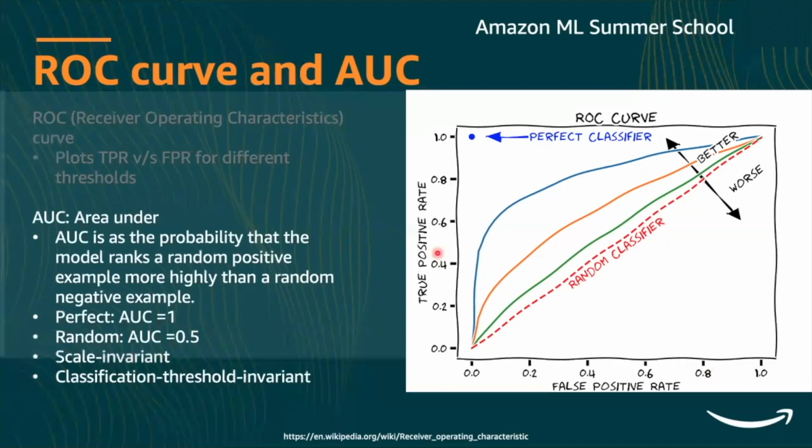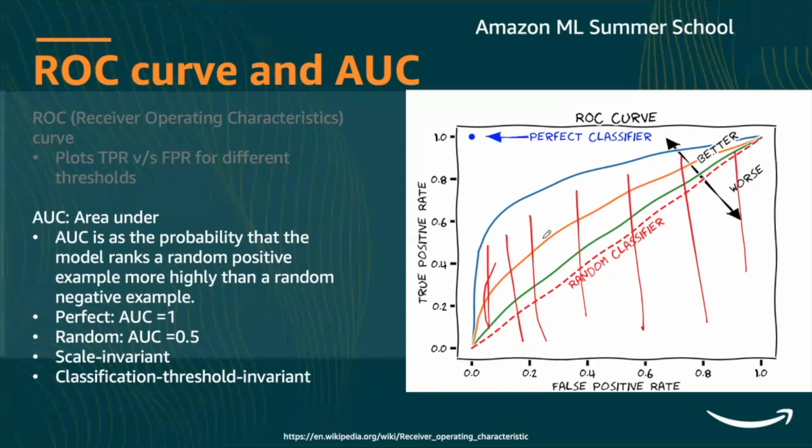Okay. We can also compute the area under this curve. As I said, the more you go in this direction, the area under this curve, which is denoted by this, increases.